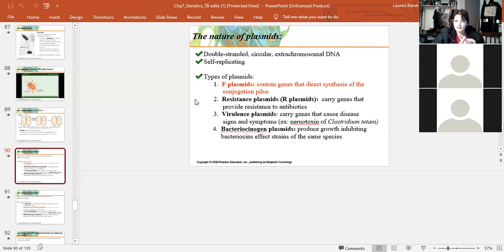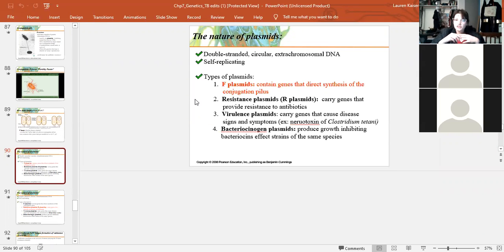The resistance plasmid would be something like antibiotic resistance. That'd be like MRSA. MRSA has a resistance plasmid. Virulence plasmids. Remember how we talked about that certain strain of E. coli that had this new toxin that made it even worse? That would be an example of a virulence plasmid that it got.